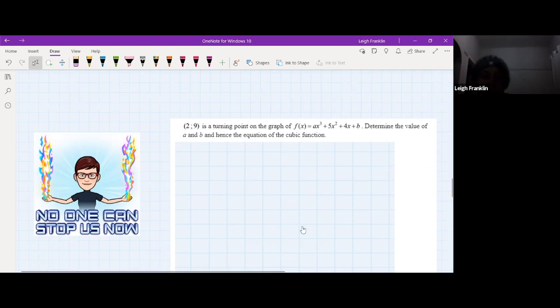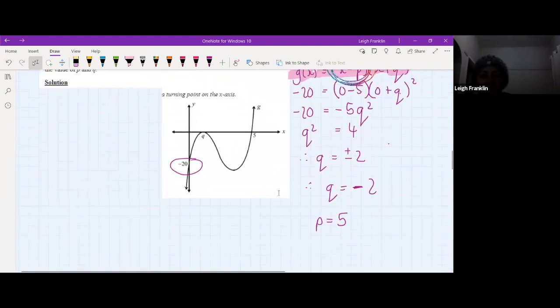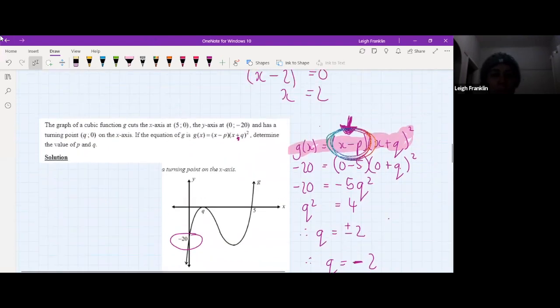Let me go back. They were quite sneaky with this question. If you look at the signs here, can you see that in this bracket they had negative p, and in this bracket they had plus q?